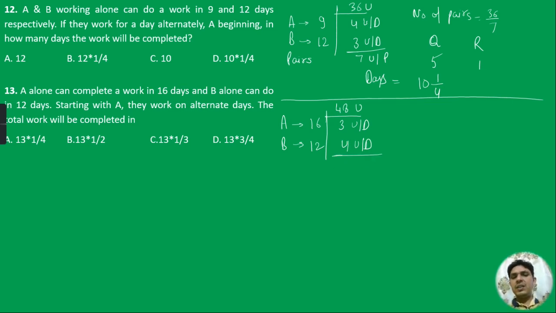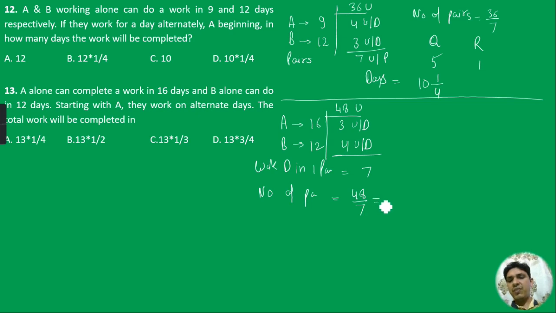Now if we check the work done in one pair of days, this will be 7. And if we find the number of pairs of days, this will be simply 48 divided by 7.